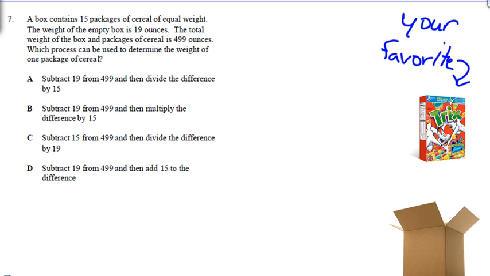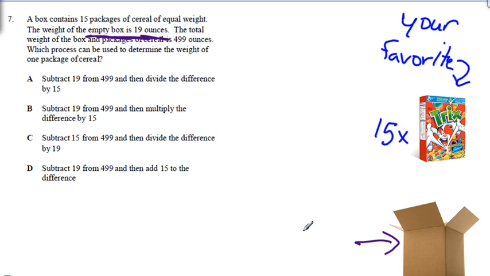So how do I know how much this 1 box weighs all by itself? Well, there's 15 of them. And so I'm going to have to multiply the weight of this box times 15. And that'll give me the total weight, except there's one thing we need to add to that. So there's the weight of the empty box. So that sort of matters. When we're weighing this, we need to consider the weight of this box.